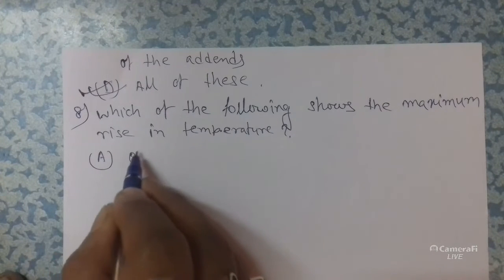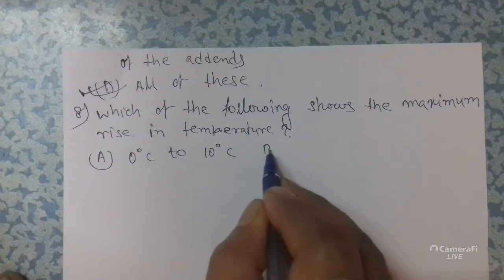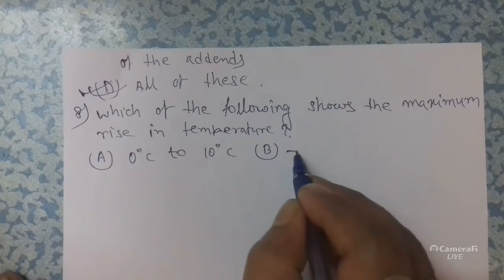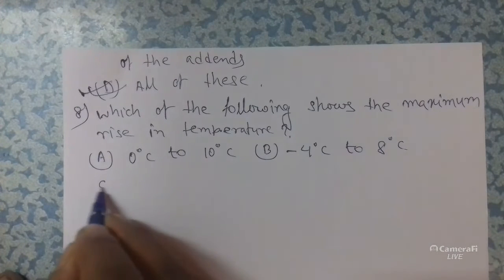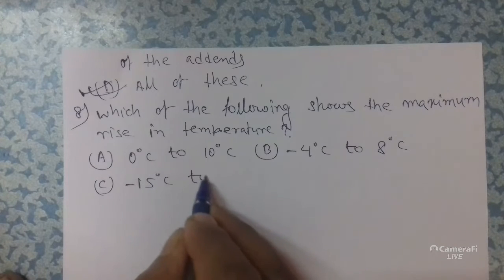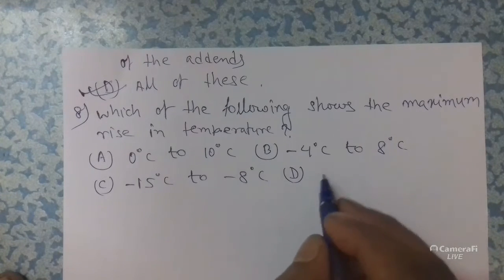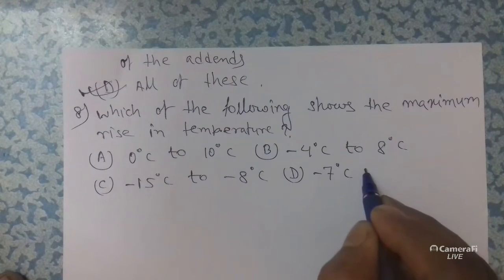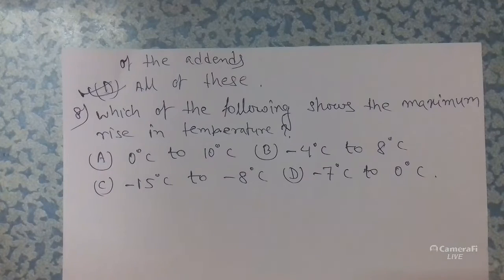Option A: 0 degree centigrade to 10 degree centigrade. Option B: minus 4 degree centigrade to 8 degree centigrade. Option C: minus 50 degree centigrade to minus 8 degree centigrade. And option D: minus 7 degree centigrade to 0 degree centigrade. So which of the following shows the maximum rise in temperature?